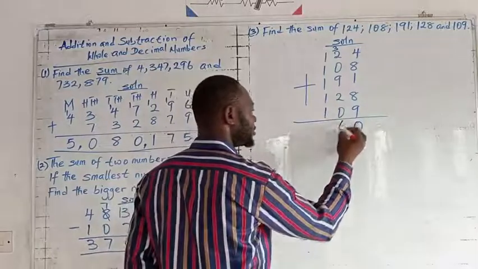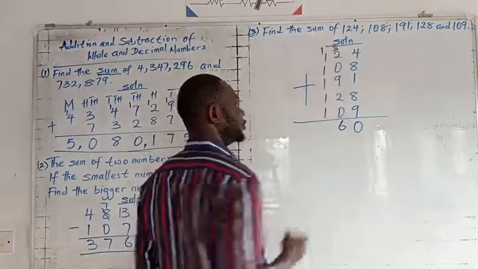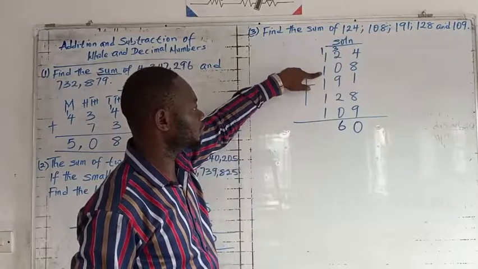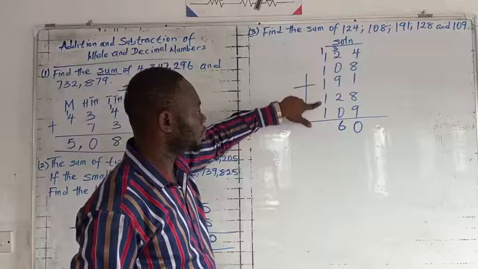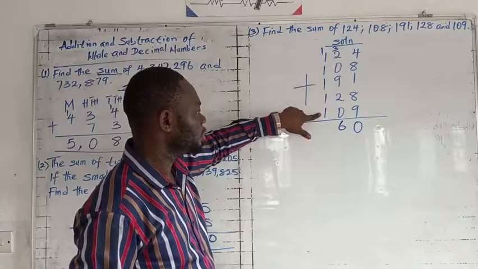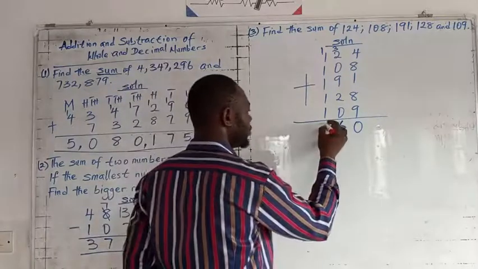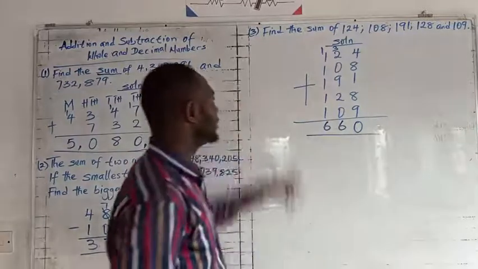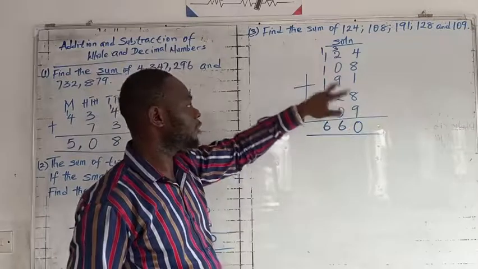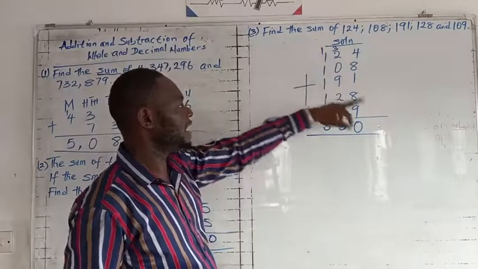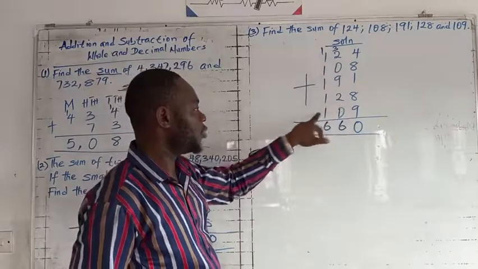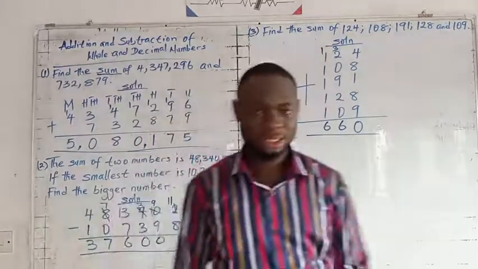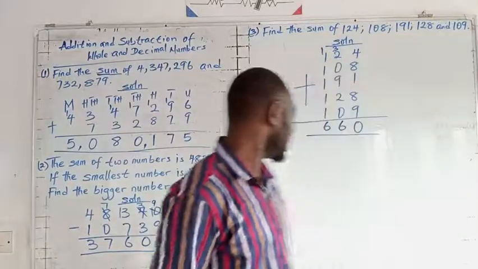So we have 6 and carry 1. Now let's add. 1 plus 1, 2 plus 1, 3 plus 1, 4 plus 1, 5 plus 1, 6. So here we have 6. So we now notice that the sum of 124, 108, 191, 128, and 109 is 660.